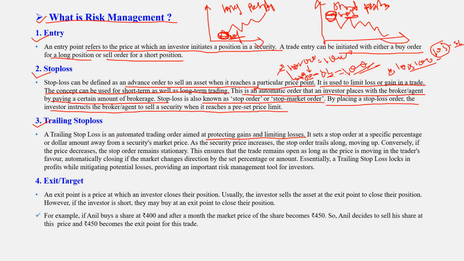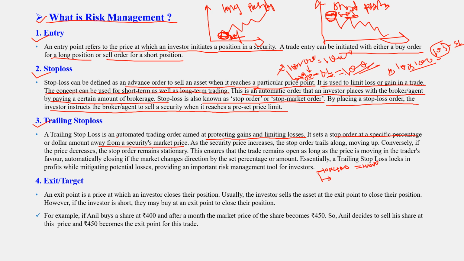A stop order is set at a specific percentage or dollar amount away from the security's market price. We need to add the trailing gap in the trailing stop loss. For example, let's say 10 quantity of Tata Power stock at a 400 price, right? So we need to pay 4,000 rupees.